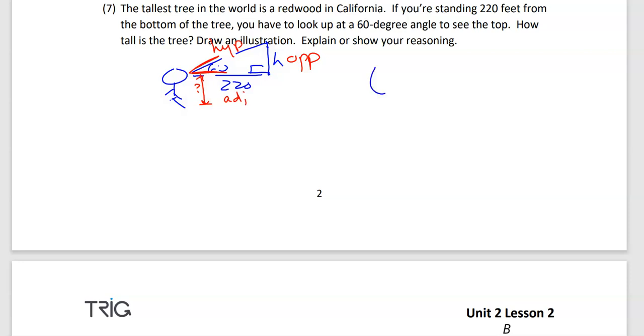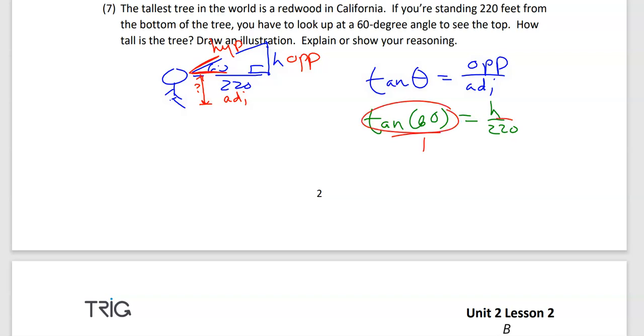So again, we're looking at another tangent problem. The tangent of theta is equal to the opposite over adjacent. So if I plug in my numbers, tangent of 60 degrees is equal to h over 220. Cross multiplying, 220 tangent of 60 degrees is equal to 1 times h, which is h.